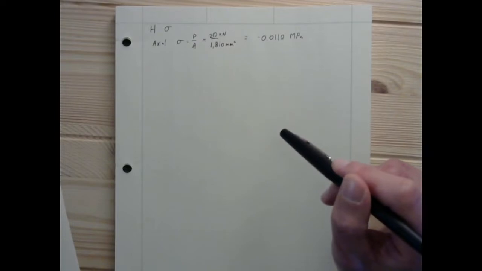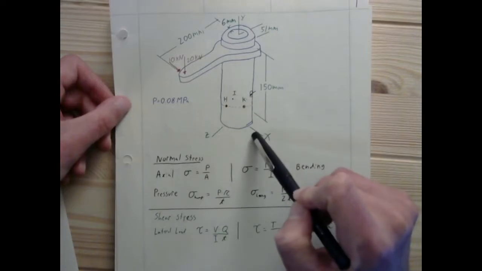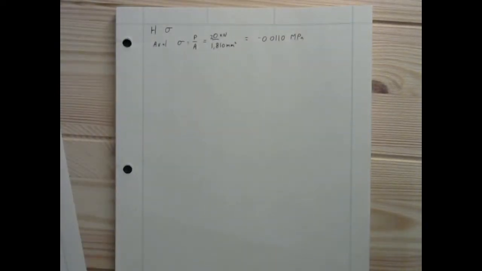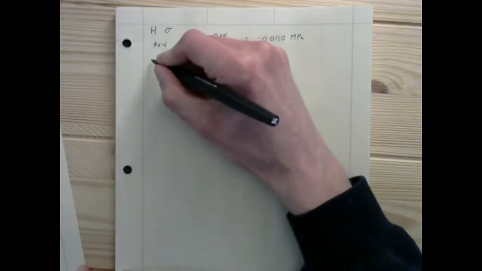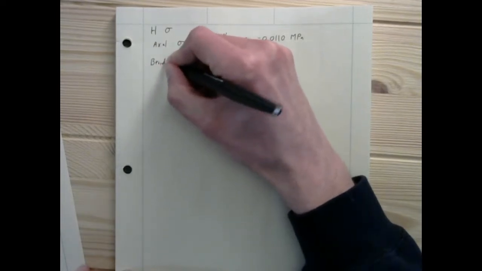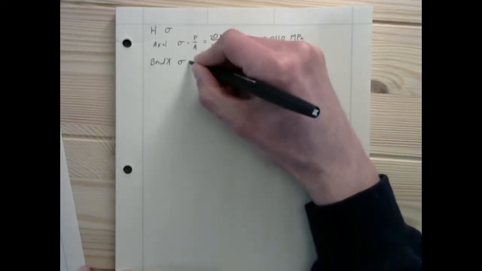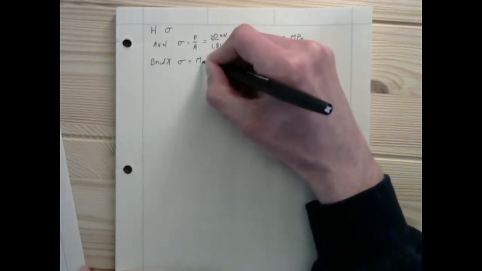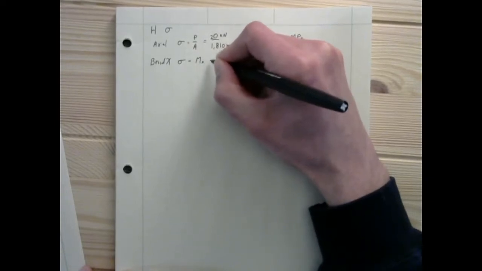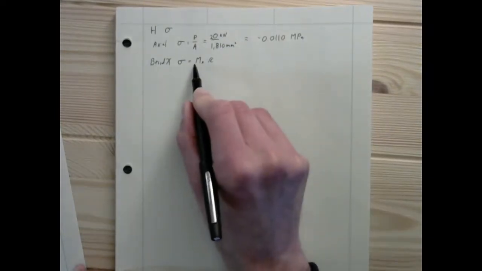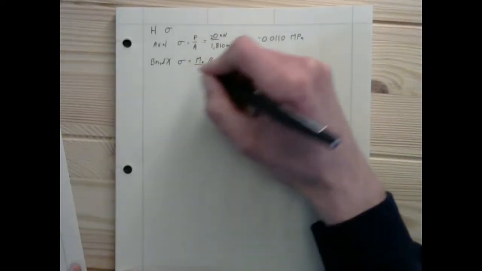Now let's think about bending moment in the x direction. So bending moment about the x direction, that's going to be caused by this one right here. You already know what the moment is. The moment about the x direction, so I'm going to call that bend x. That's going to be equal to moment about the x direction times our distance from the centroid, which is just the radius, right?